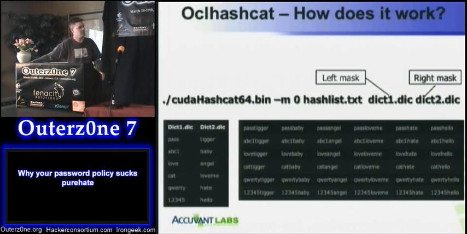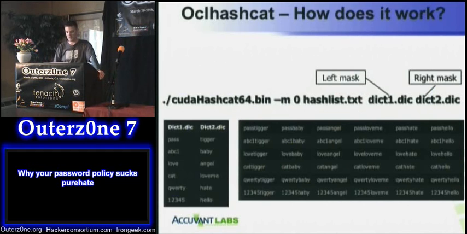You can see in the little graph, dictionary 1 and dictionary 2, and over on the right, all those words will be put together, one in the beginning and one at the end, and they'll be combined through there. So basically, I've taken a word list of 6 words and turned that into an enormous number of possible combinations, and I haven't used 8 terabytes of space on my hard drive or whatever.